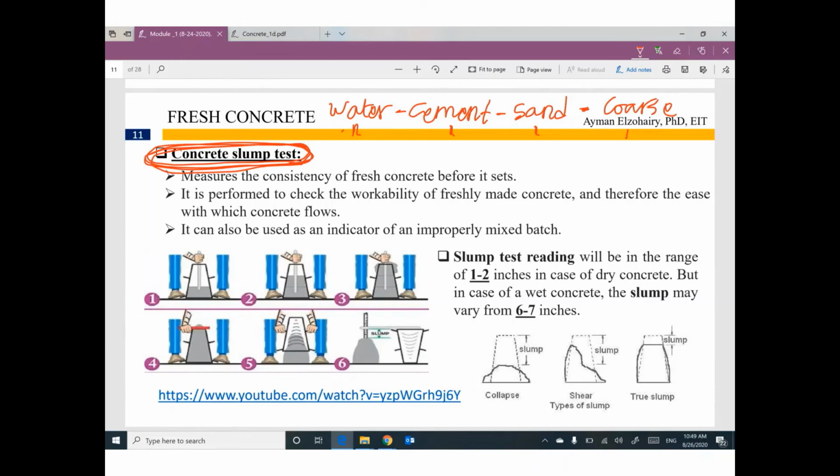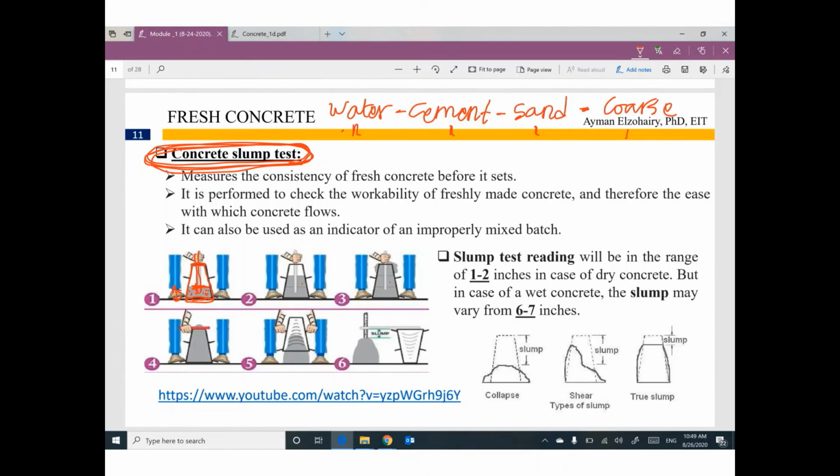You have a cone like this one, and you add concrete inside this cone, but you need to add concrete in 3 layers. The first layer, 1/3, and using a steel rod to compact this layer.